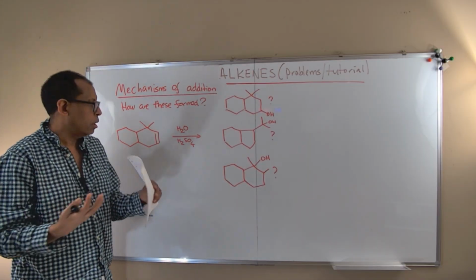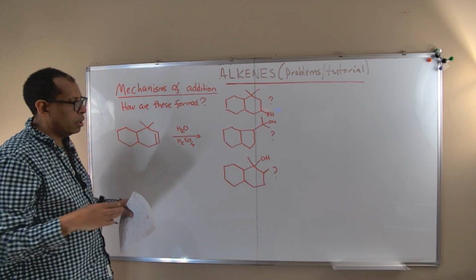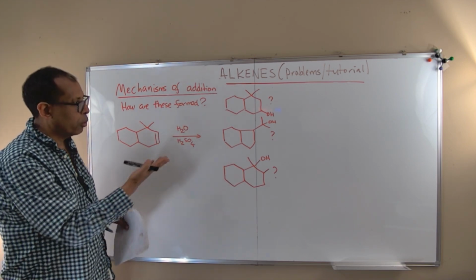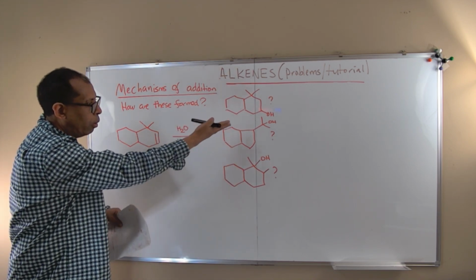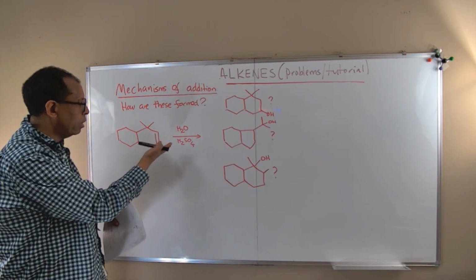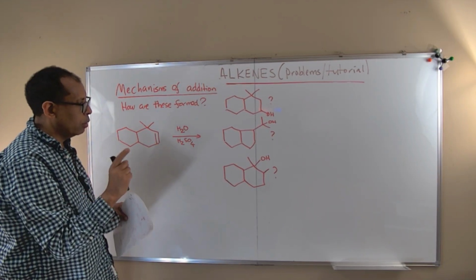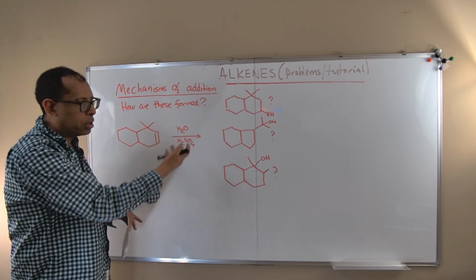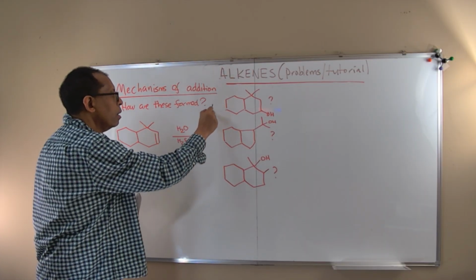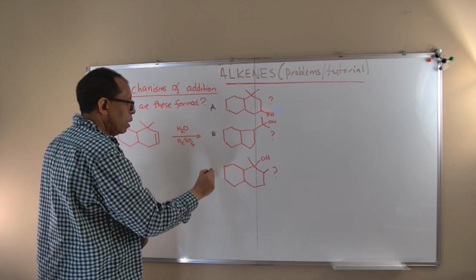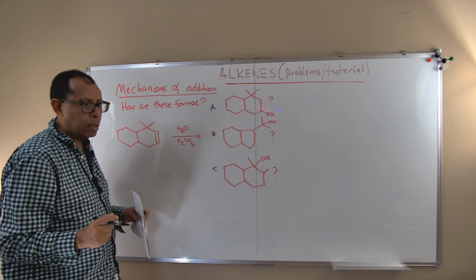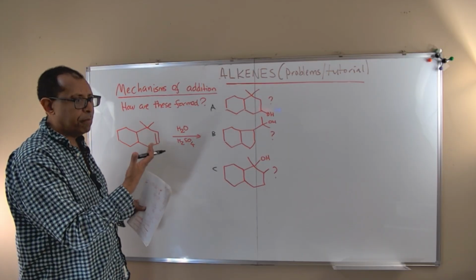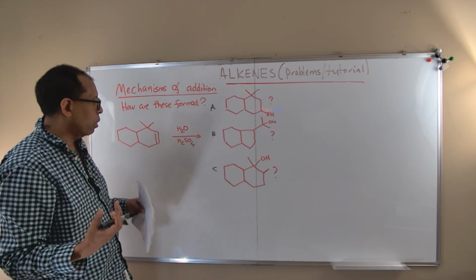So this one starting material gives 3 addition reaction products, all of which are alcohols that have added one H plus and one OH minus. But the question is, how do you get all these 3 mixtures, A, B, and C, as products? For this, you need to know the mechanism of how they could be formed.